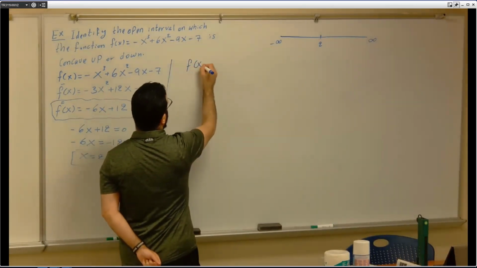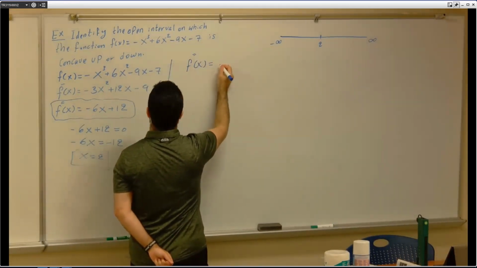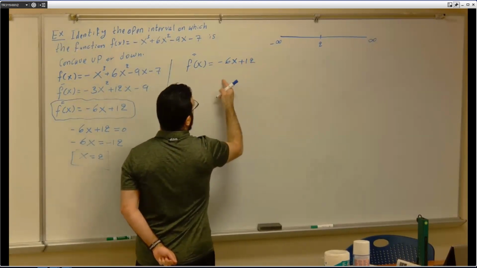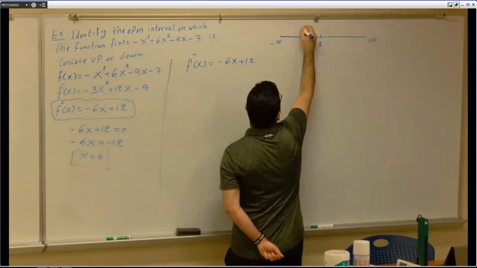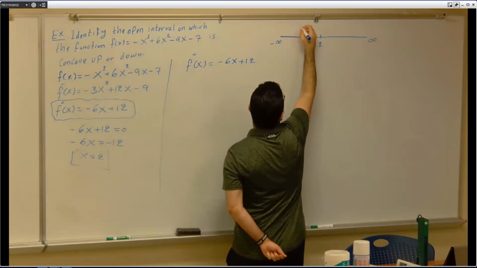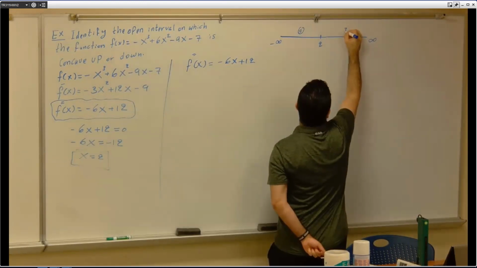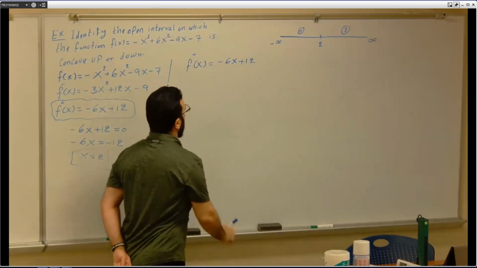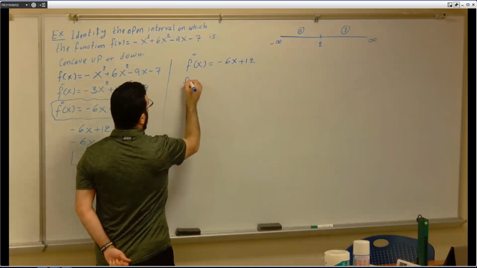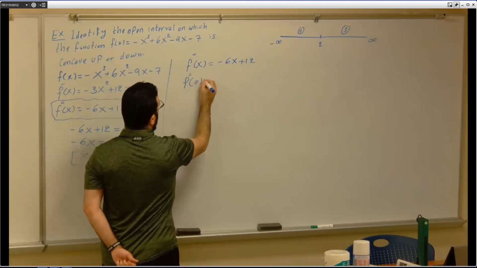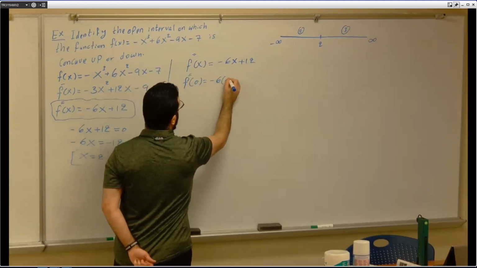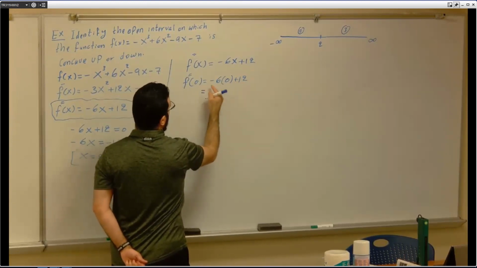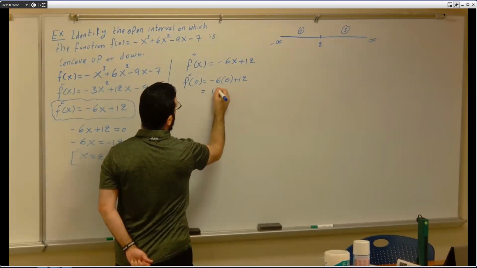So f double prime of x equals negative 6x plus 12. Now I'm going to take a number here, let's take 0, because this is not 2. I'm going to take any number here, I'm going to take 3, it's fine. So f double prime of 0 is going to be negative 6 times 0 plus 12, which is equal to 0 plus 12, that's 12.